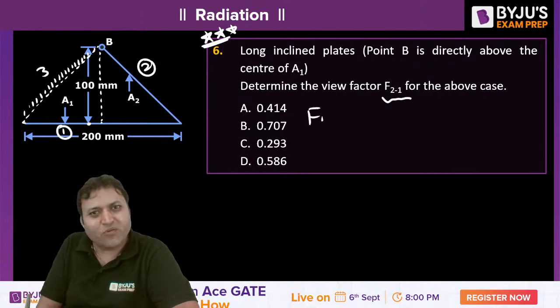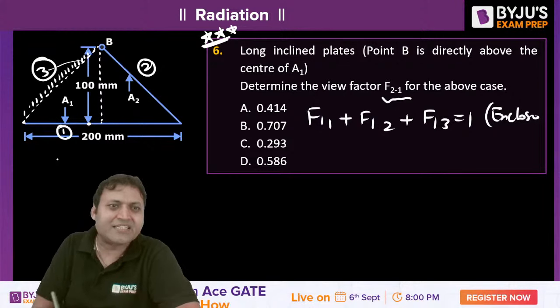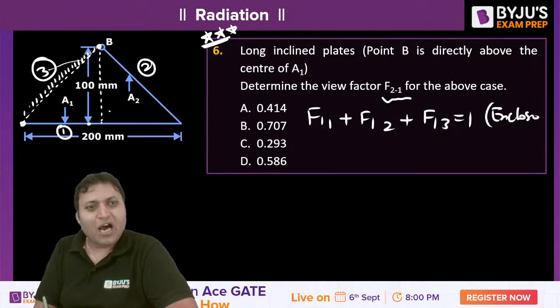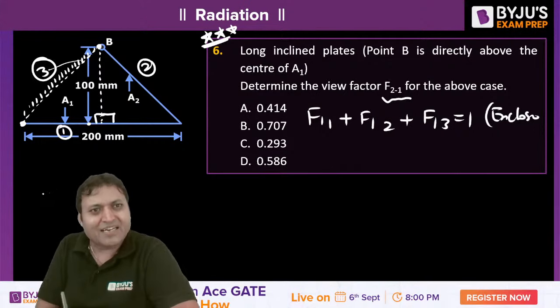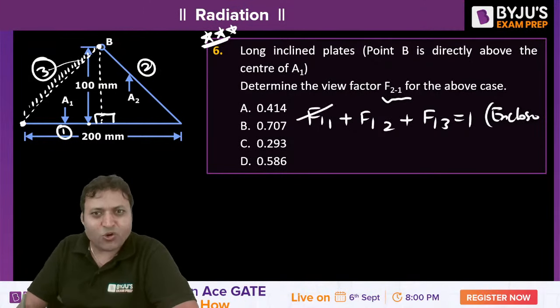From the enclosure theorem, we can say F11 plus F12 plus F13 is equal to 1. We have taken another surface 3, join these 2 points. Now, because both are right angle triangles, both having the same base and the same common height, they are symmetrical. F11 is 0 because of the flat surface.